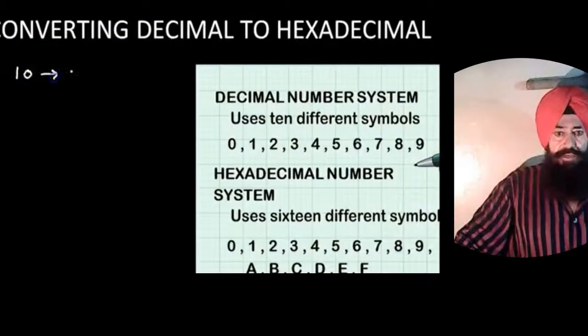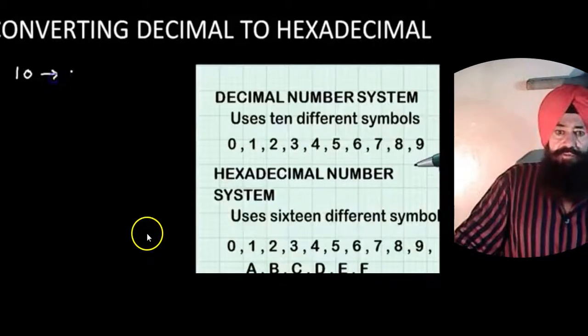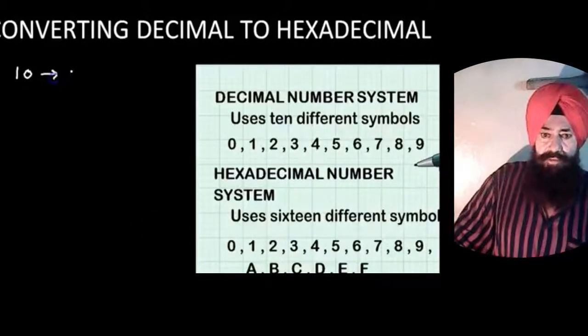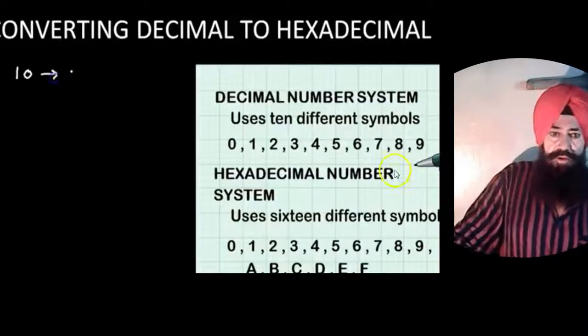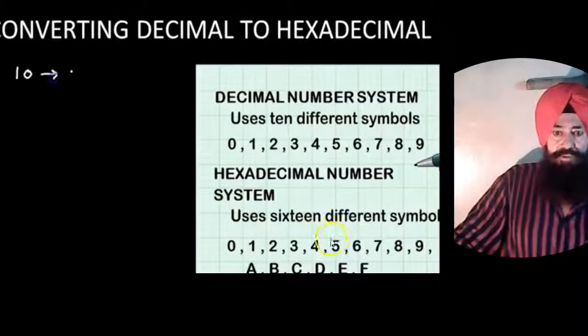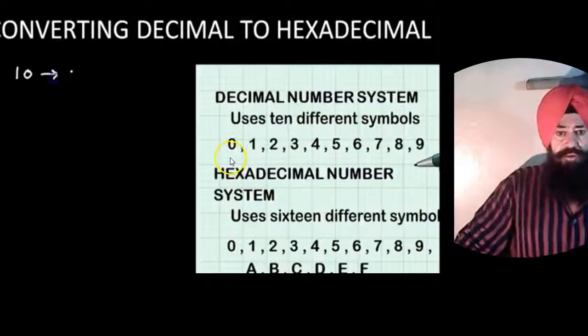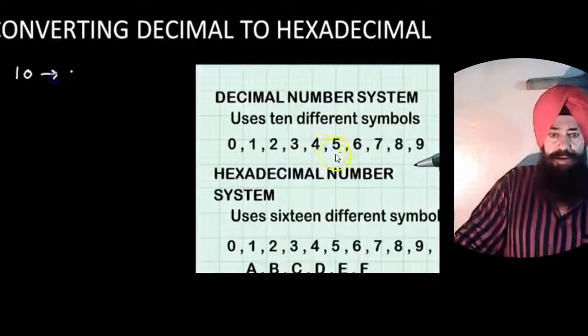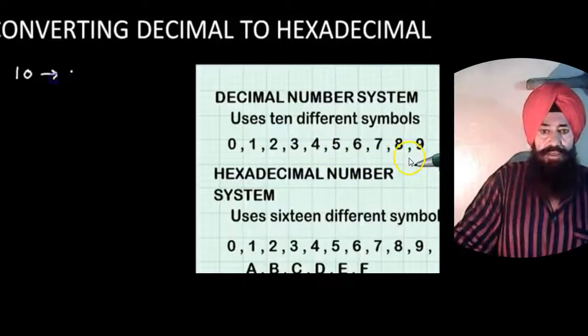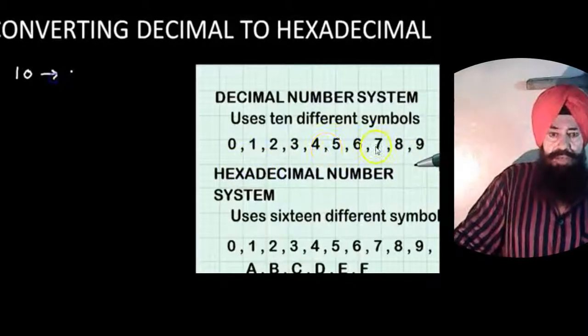Okay. Now before going to numerical problems, remember the decimal system. In decimal systems, we use the 10 digits 0, 1, 2, 3, 4, 5, 6, 7, 8, 9. Okay, the total is 10.